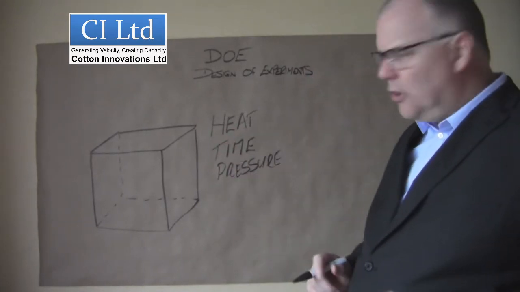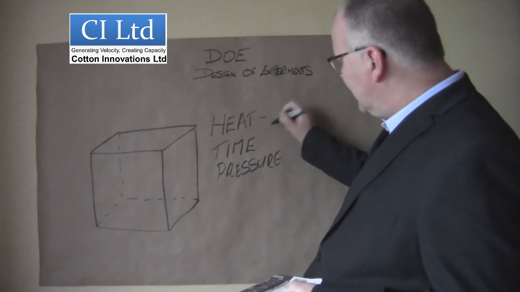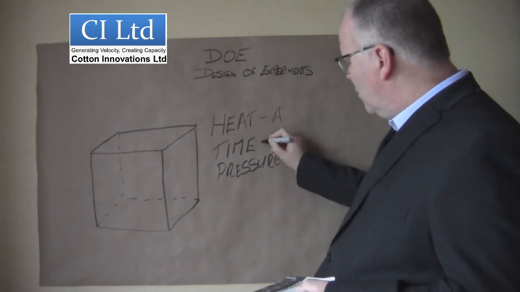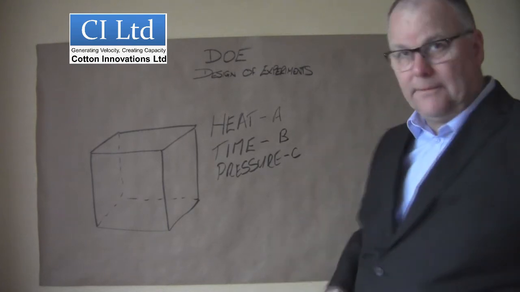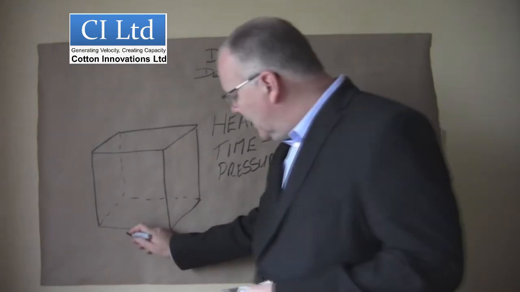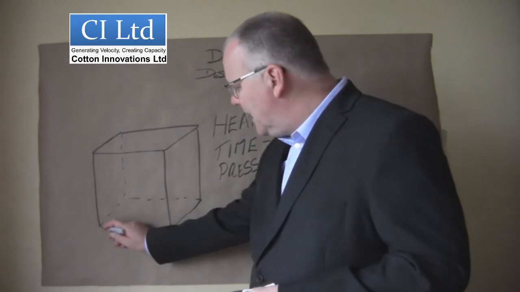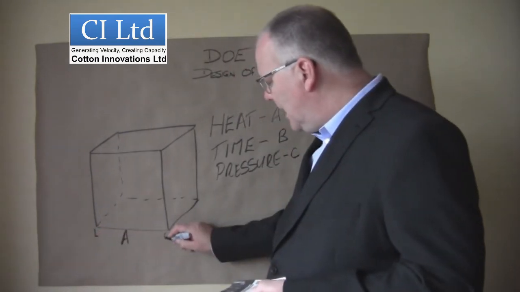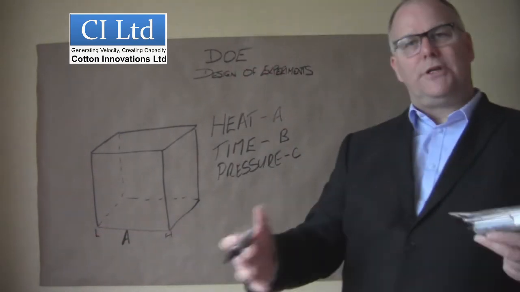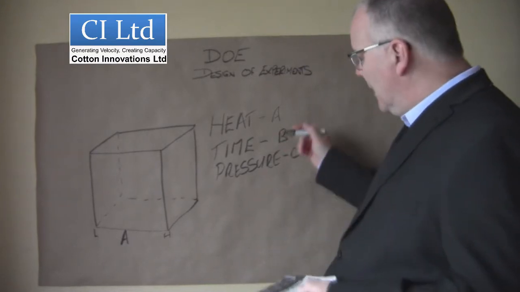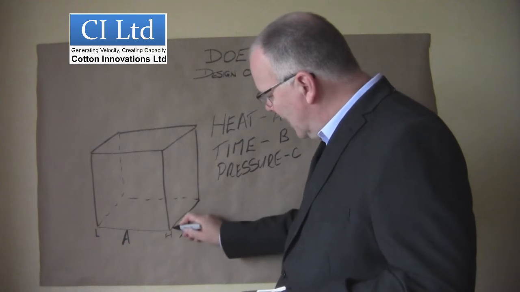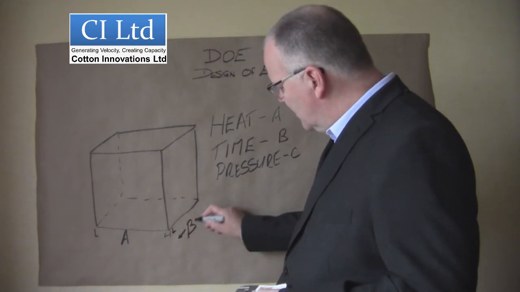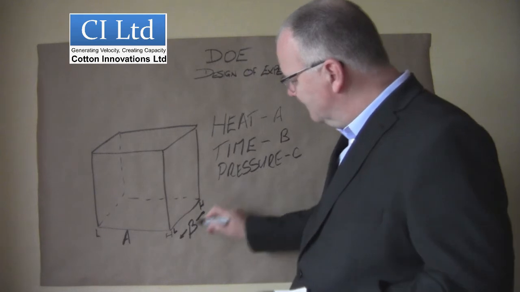Now, the reason we've drawn a cube is because we'll call heat A, we'll call time B, and we'll call pressure C. So A will be this factor here. So we can have a low to a high temperature setting for A. Equally for B, we can have B going in this direction, and it will go low to high.